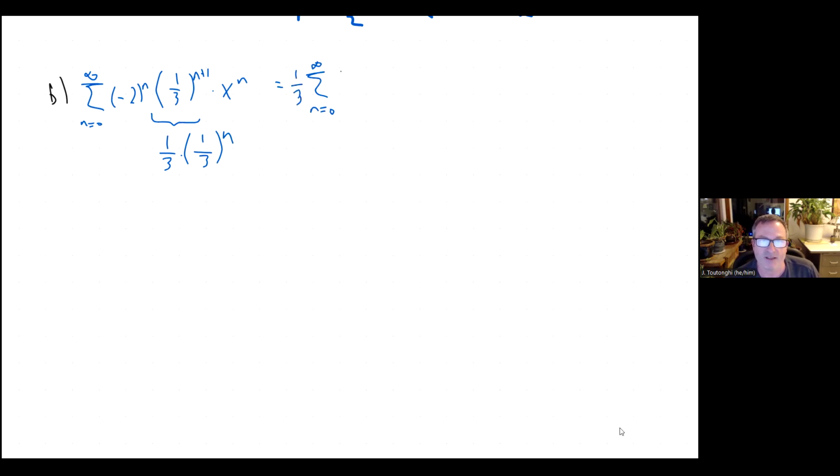And then we'd be left with a -2 to the n, a 1/3 to the n, and an x to the n. So I can then bring all of those inside the sum, 1/3, the sum n equals 0 to infinity of all of this to the nth power. And if I multiply those bases together, I get -2/3 x inside these parentheses.